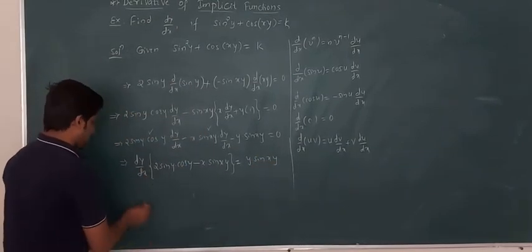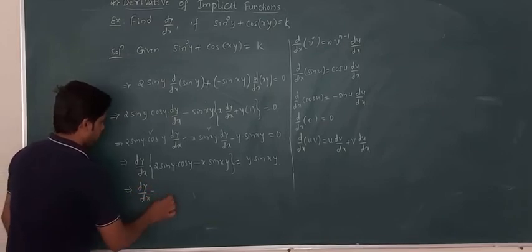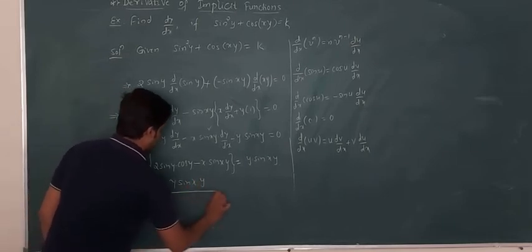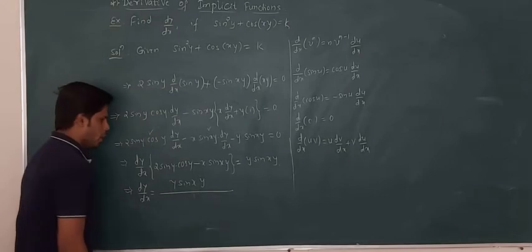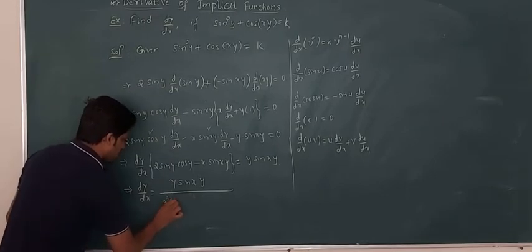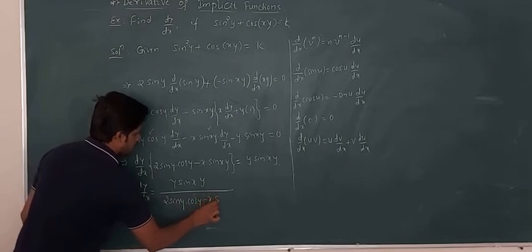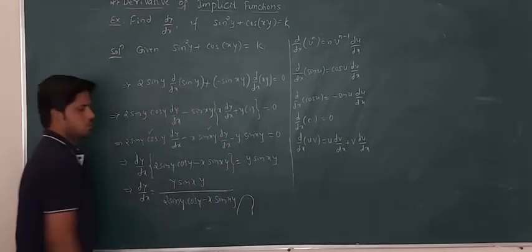Now solving for dy by dx, we get dy by dx is equal to y into sin xy divided by 2 sin y cos y minus x into sin xy. This is our required solution. Note it down.